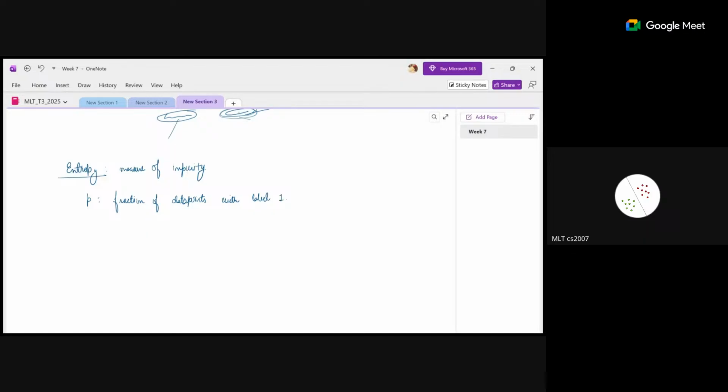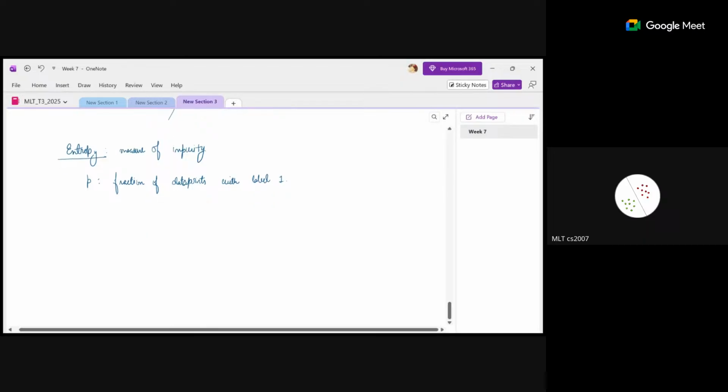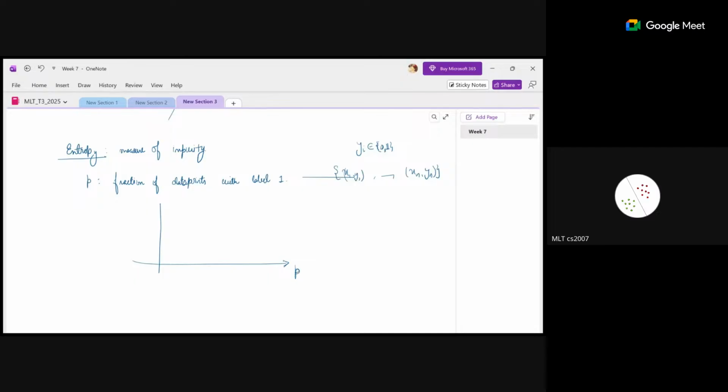So in my data set, which is x1, y1, so on till xn, yn, my yi belongs to 0, 1, since I have two labels, 0 and 1. And I'm defining p to be the fraction of data points that have label 1. So p is the fraction of data points with label 1, and this fraction will always be between 0 and 1.